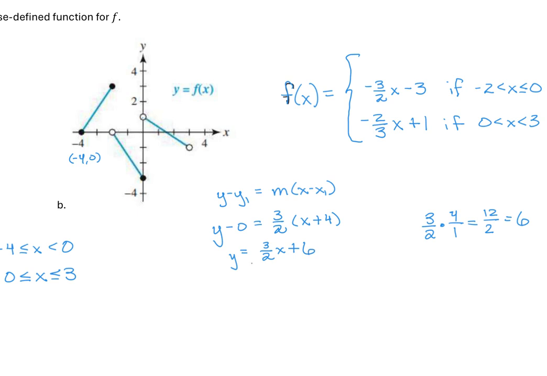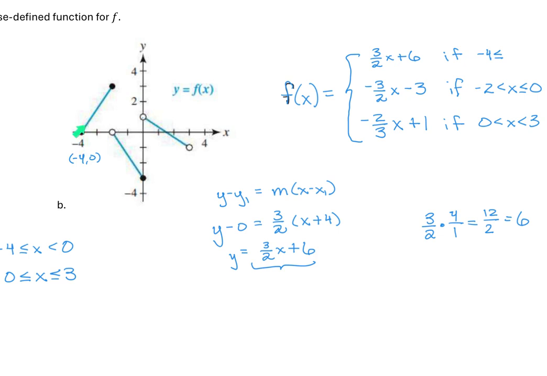Okay, so we just want this piece here. We don't care about the y because remember that's my f of x. And so we get 3 over 2 x plus 6. And then we want our domain restrictions. For this one, my leftmost point has an x coordinate of negative 4.